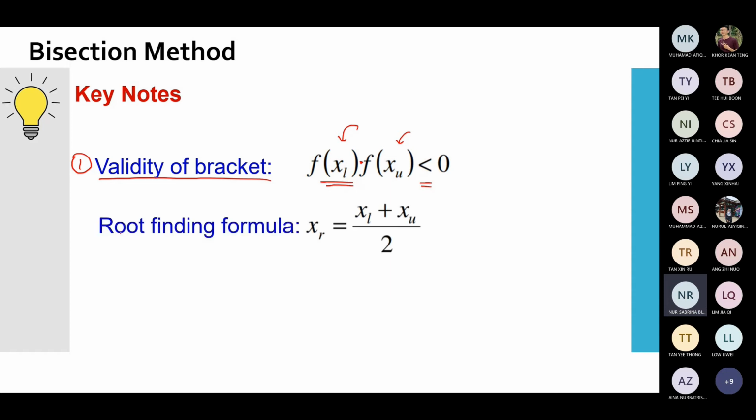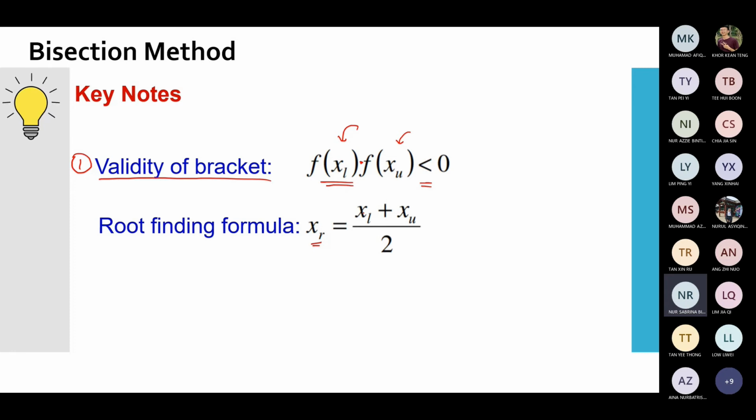Next step, you need to use the iterative formula. We also call this the root finding formula, which is indicated as XR. As I said, you take half of the value between the two boundaries, from your lower boundary to upper boundary.